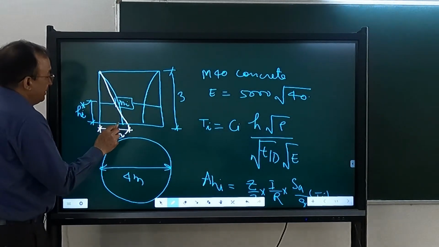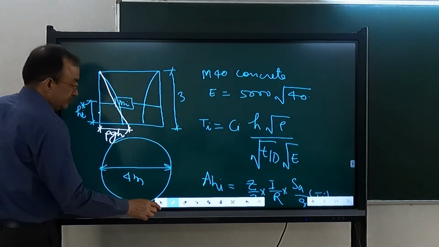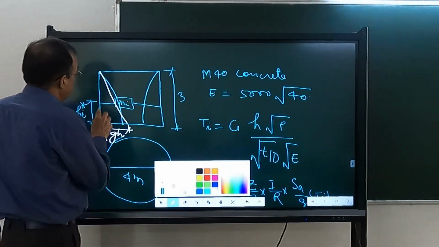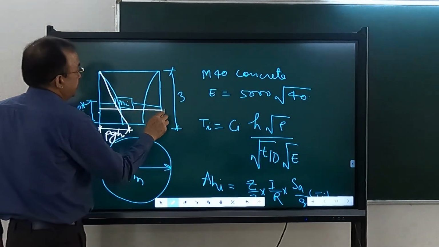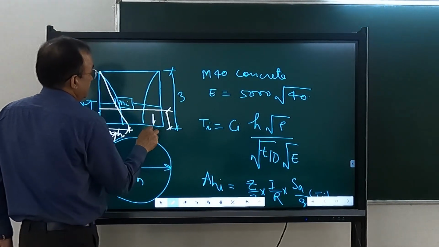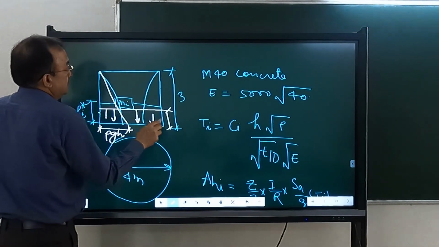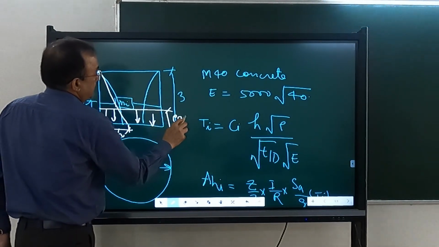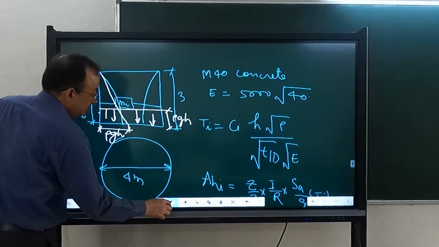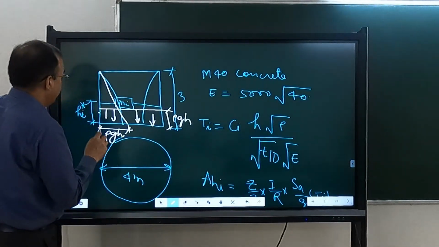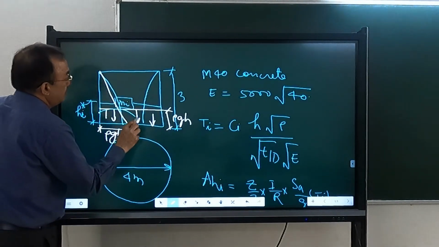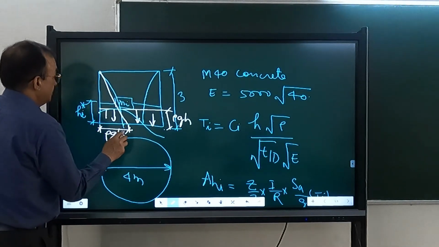Then the hydrodynamic pressure, actually on the base also it will be same, rho GH, and the dynamic component will also be same as this.